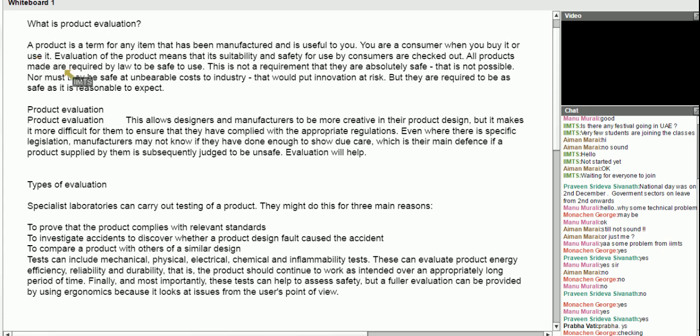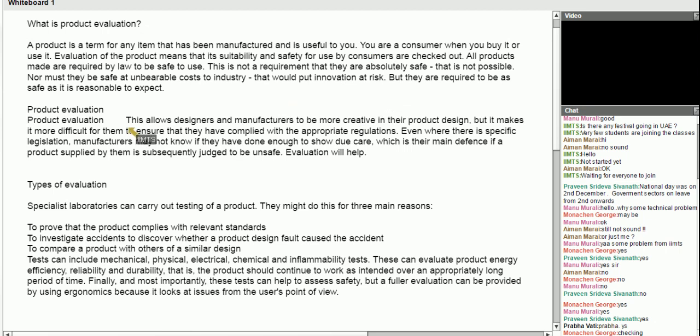So let's first see its definition. A product is a term for any item that has been manufactured and is useful to you. You are a customer or consumer when you buy it or use it. Evaluation of the product means that its suitability and safety for use by consumers are checked.